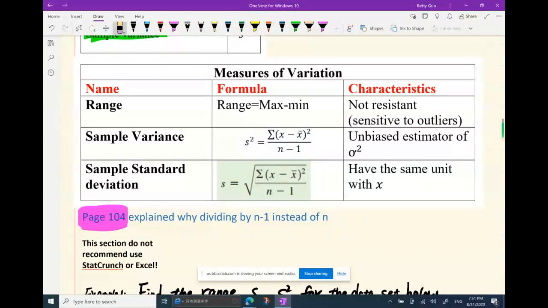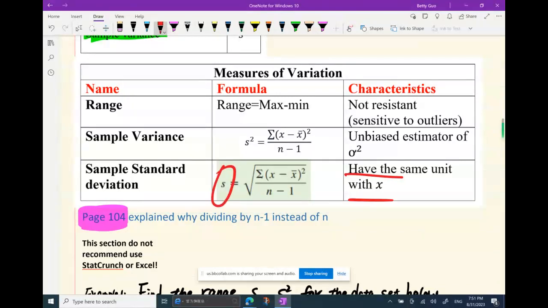Then why do we use it? Because S squared is good, but S squared does not have the same unit as the values in the data set because it's a square. So in order to fix that, we take the square root. The square root reverses the effect of the square. So s has the same unit as x. Those features are related to your homework, by the way.